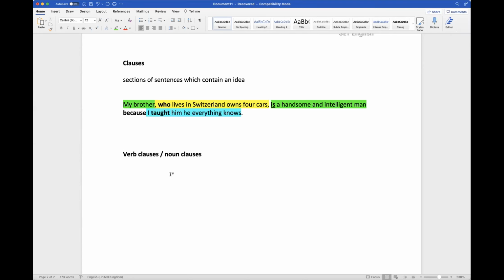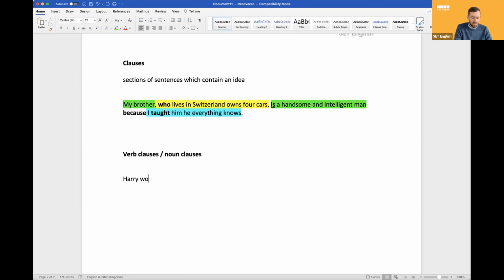So verb clauses are the clauses which contain subjects and verbs, or it could be objects and verbs. It could be passive. So the word because is preceded by a verb clause, and there's a verb clause after because. So let me show you what I mean.